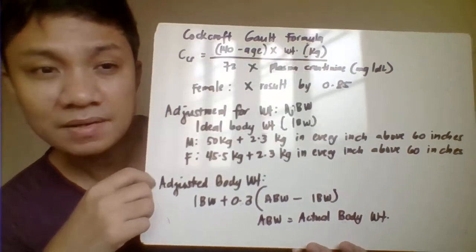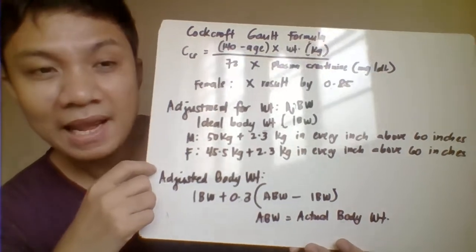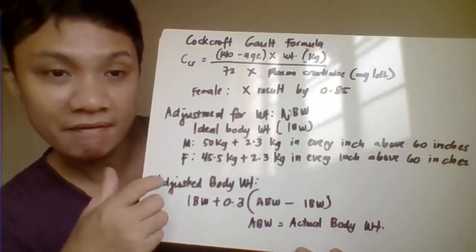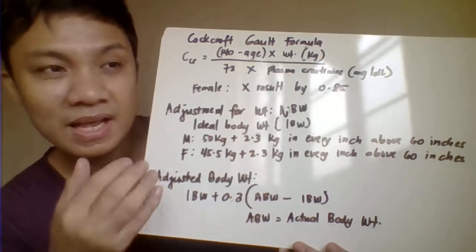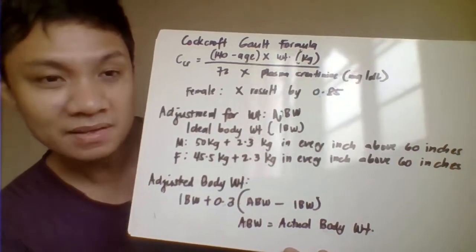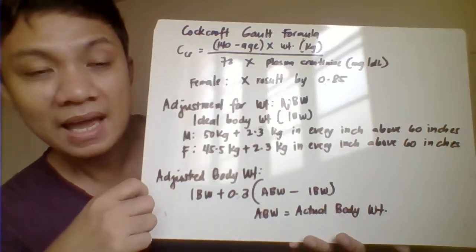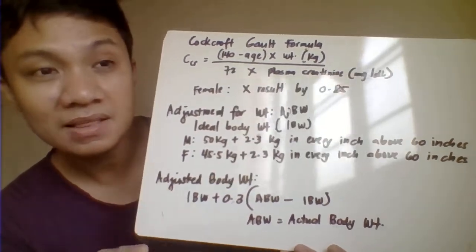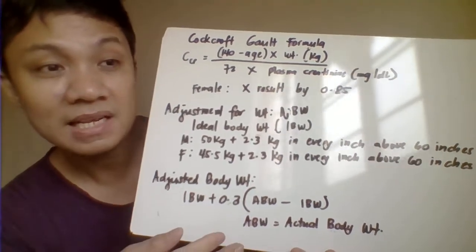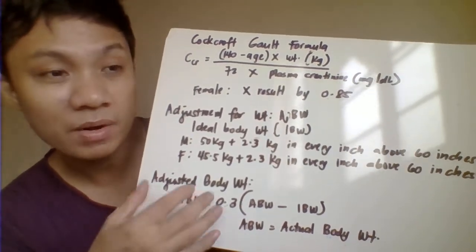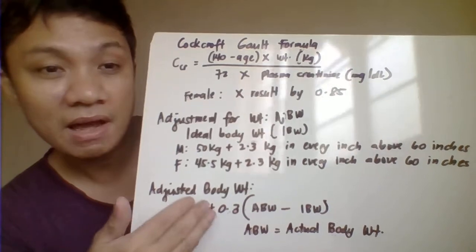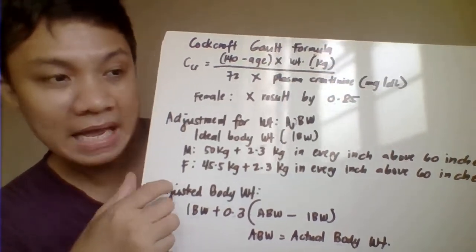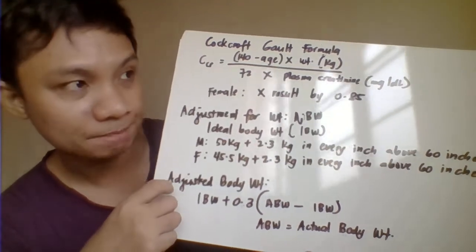Okay, so may mga tao kasi na malalaki sila but not because of their muscle mass, but rather because of their fats. So again, what we are measuring here is the muscle mass related to your creatinine and not the fats. Kaya ang bigat nila because of their fats, not really the muscle mass. That's why, since this one is only after the muscle mass, you need to make a necessary correction for that by having this adjusted body weight.